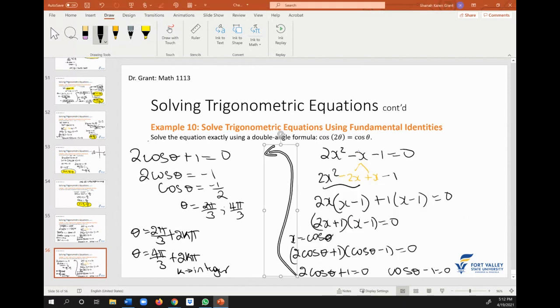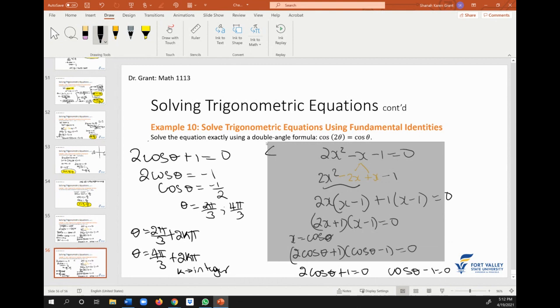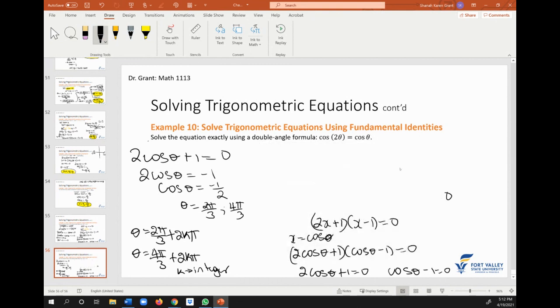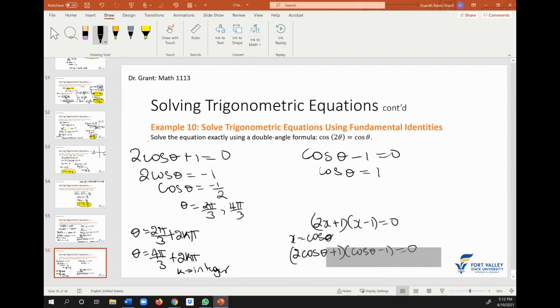we have cosine theta minus 1 equals 0. So that means cosine theta equals 1. What values give me cosine theta equals 1?